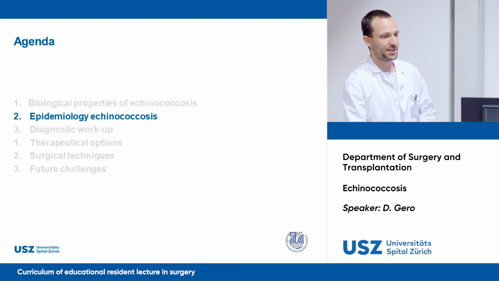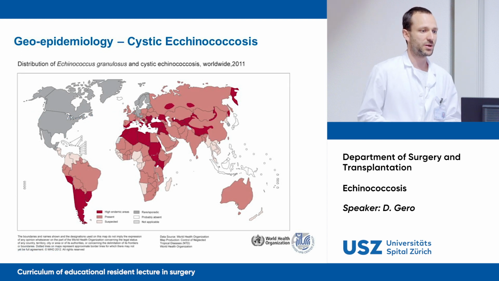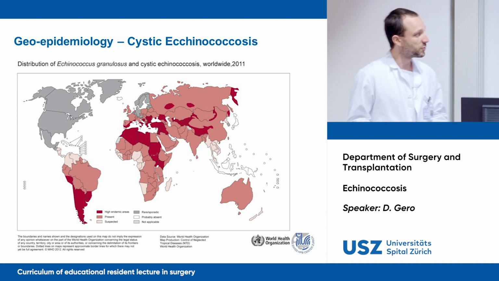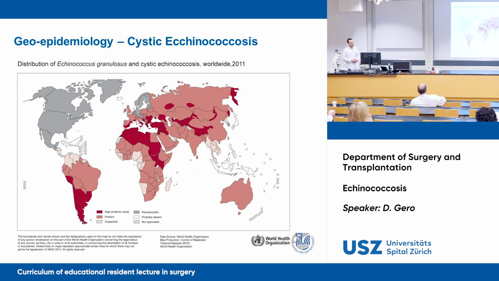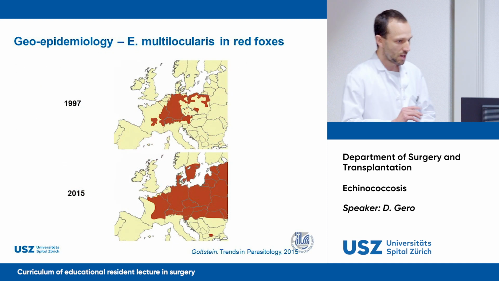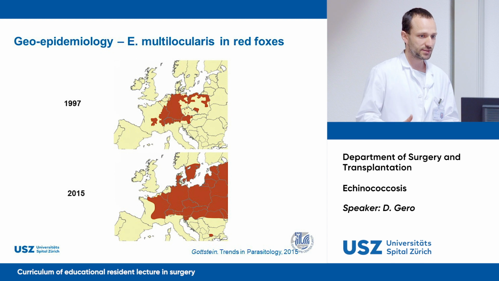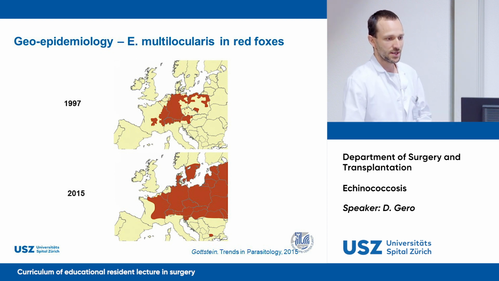This brings us to the epidemiology of echinococcosis. On this map, you can see the geoepidemiology of cystic echinococcosis. We see that the North American continent is not really affected. On the contrary, there are some endemic areas in South America, Africa, the Middle East, or the Siberian Peninsula. On this map, you can see the increase in the red fox population in Europe in the last 15 years.